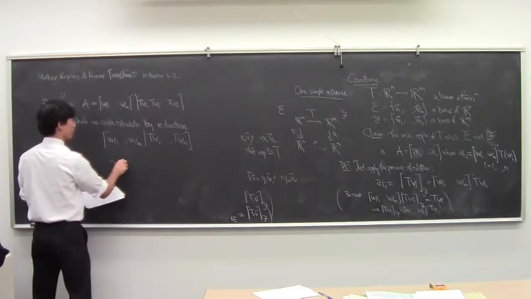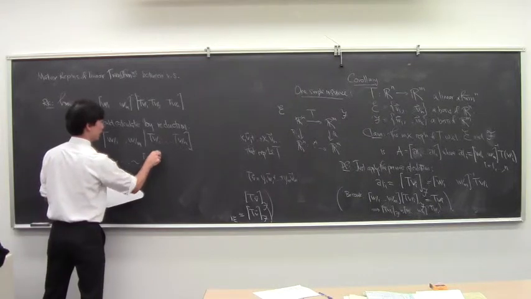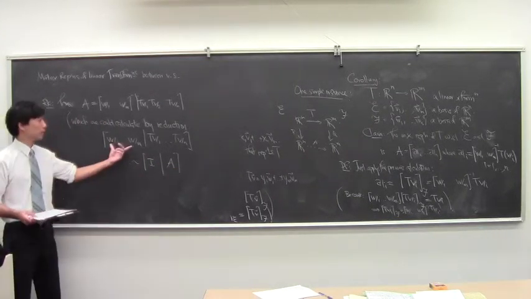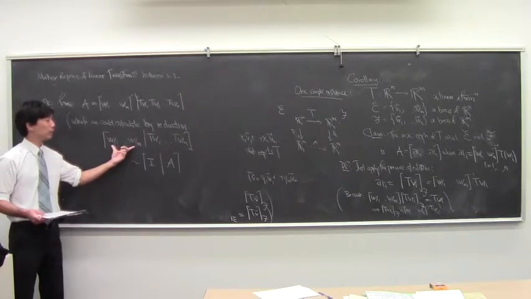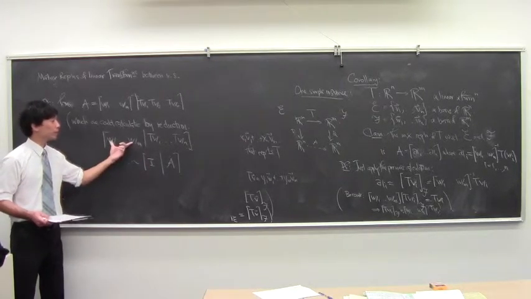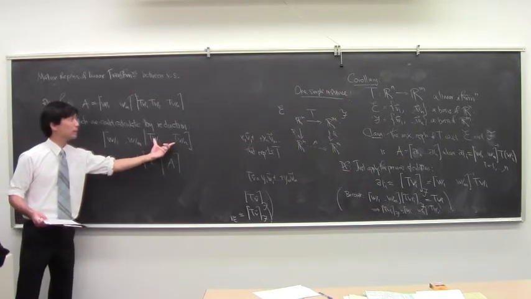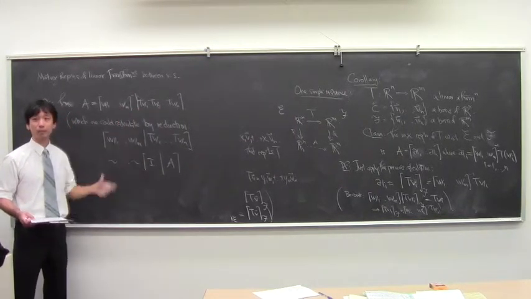And then row reduce down to the identity on the left, and then on the right hand you would have A, right? Because once you reduce this left thing down to the identity, that means that you've multiplied the left side by the inverse of this, and so the right hand side would be A.